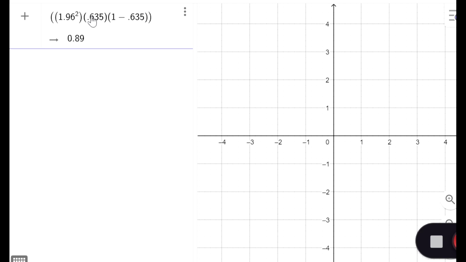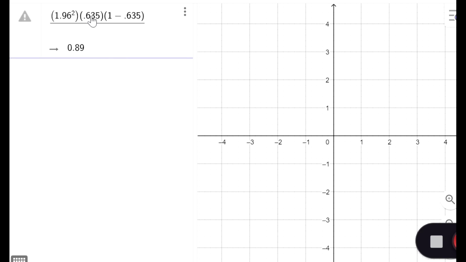I'm going to divide that whole thing by 0.03 squared. Okay, so I have 989.32.